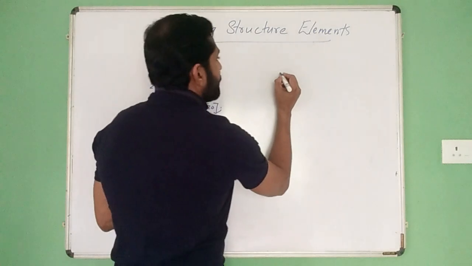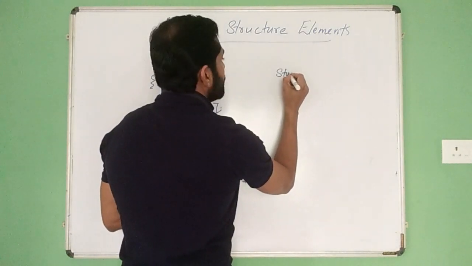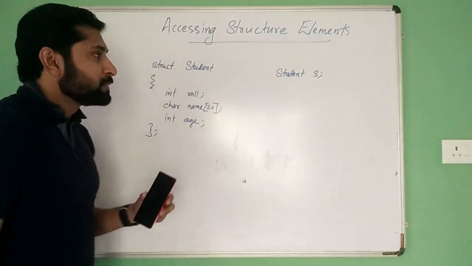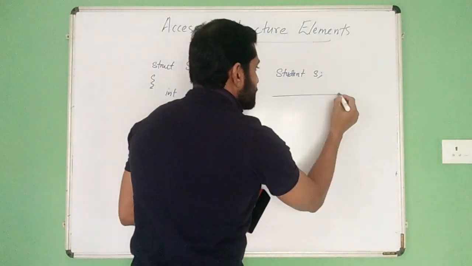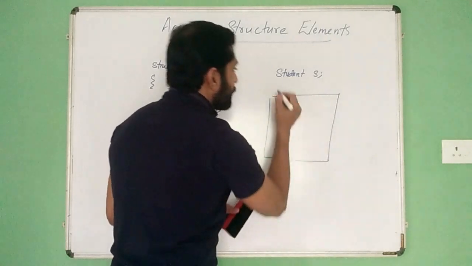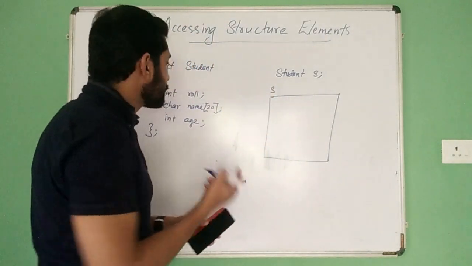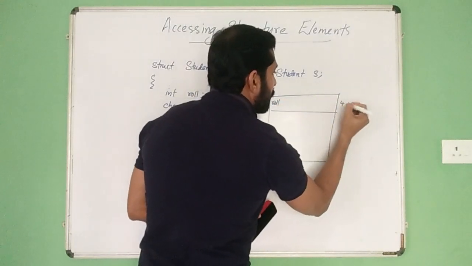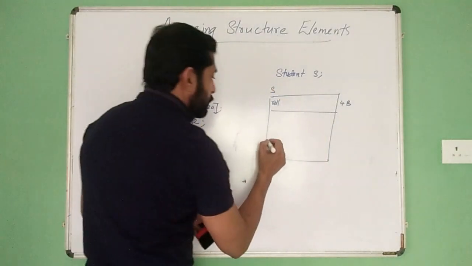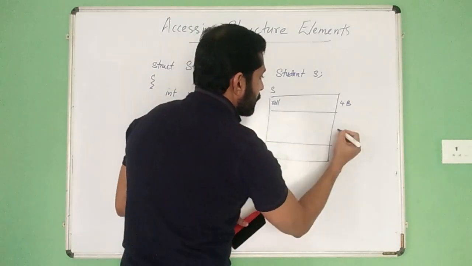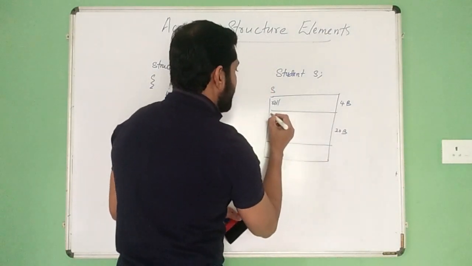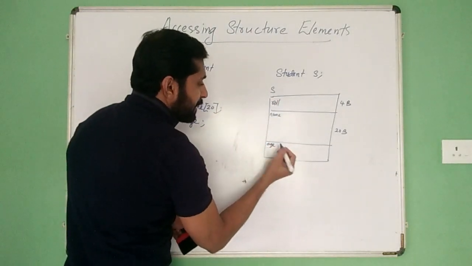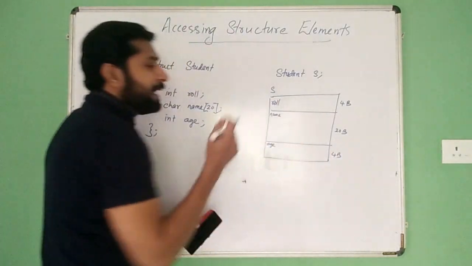Now we are creating a variable, student S. This will allocate memory for S. It has 4 bytes for roll number, 20 bytes for name, and again 4 bytes for age.